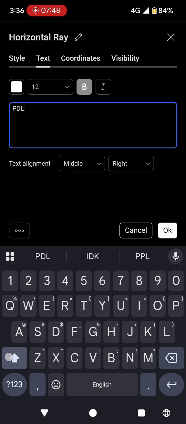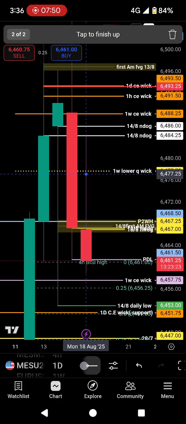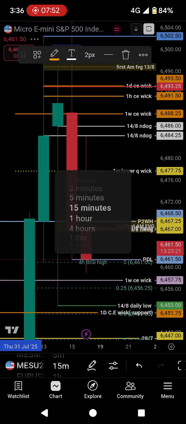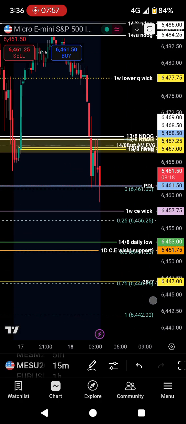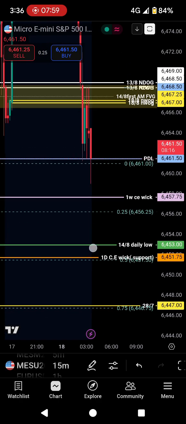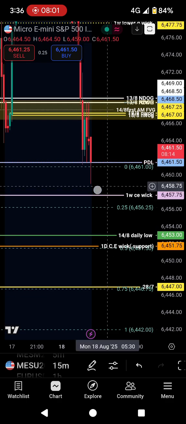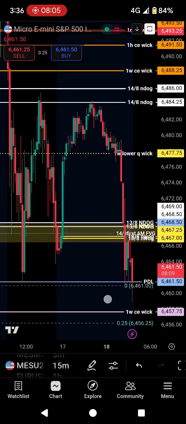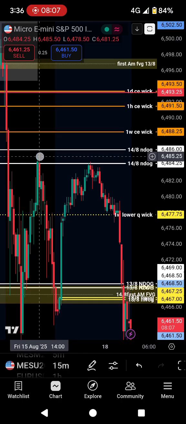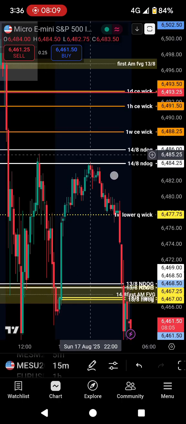It's very important to know what the higher time frame is doing. So we cleared previous day's low, and at the moment, the daily low here is likely to draw. The weekly CE week here is also likely to draw. But we cleared sell side, so where's buy side? So buy side right now is lying here. And this is Friday PM buy side.